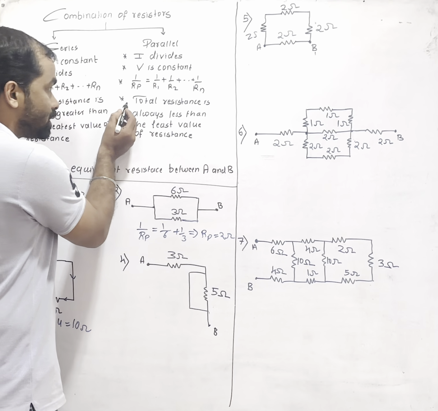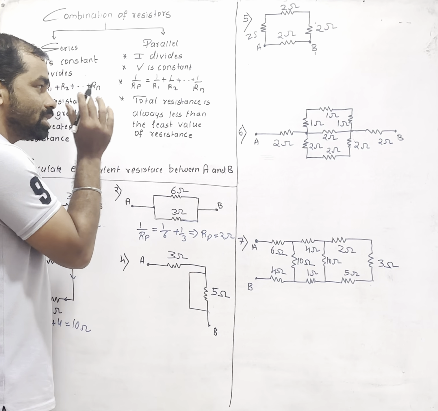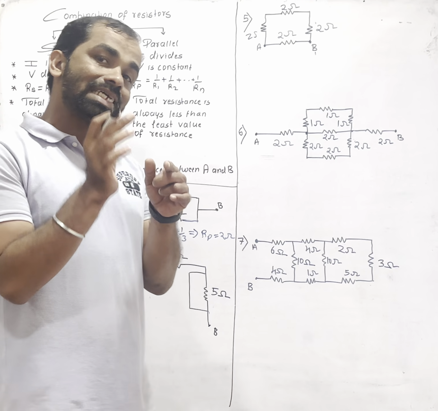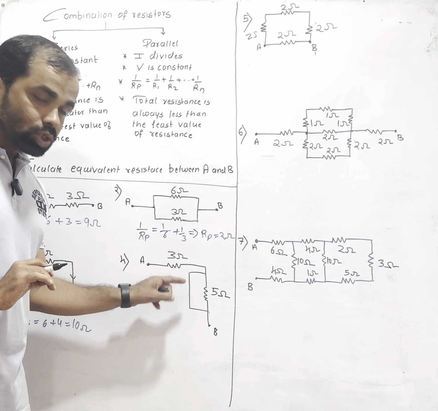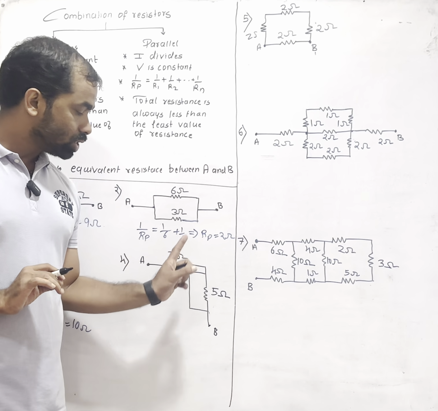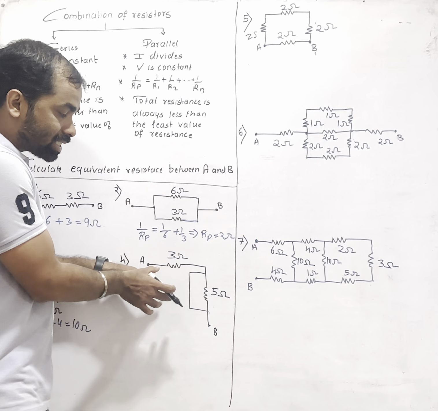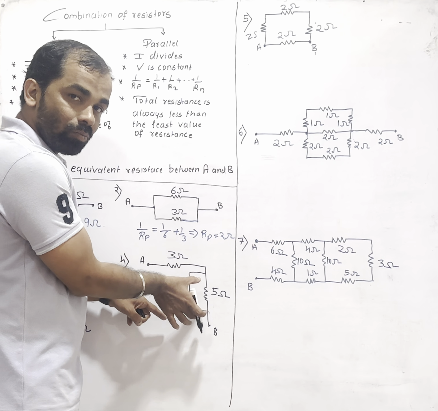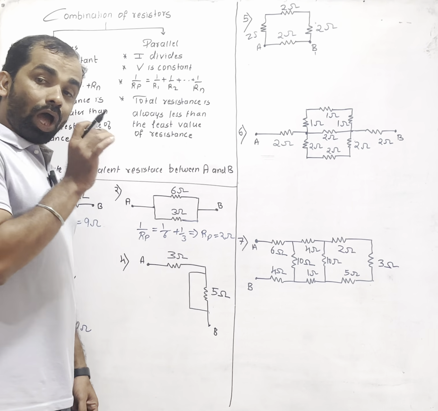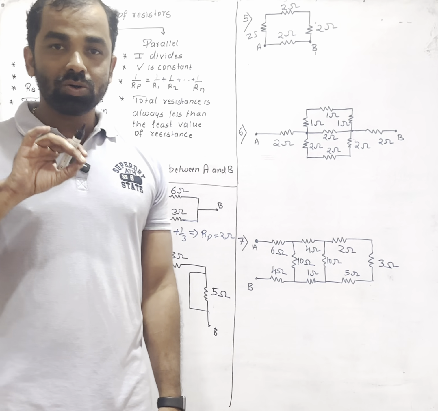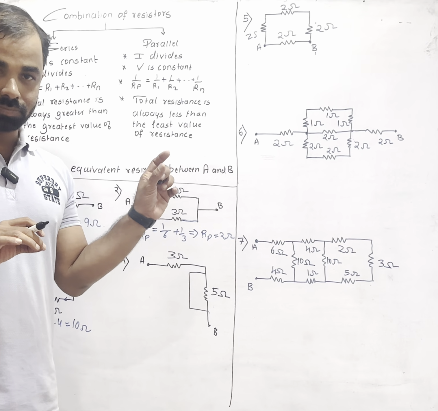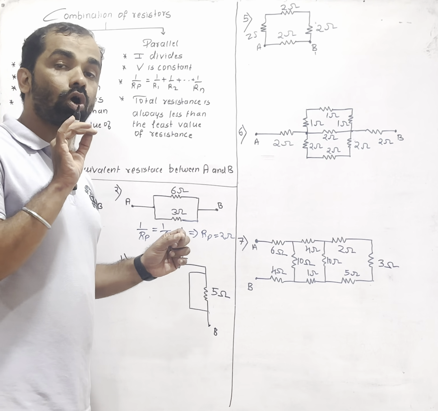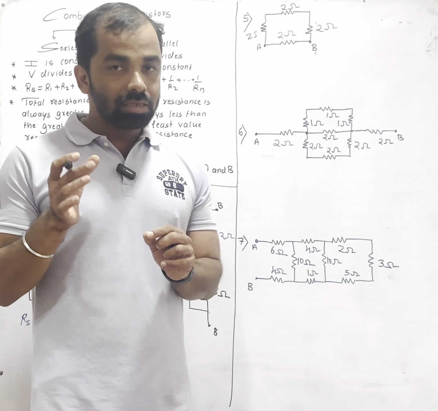See, understand this point. Total resistance in parallel is always less than the least value, right? Now here, this wire is showing zero resistance. The resistance of this wire is zero, and it is connected across the 5 ohm in parallel. Okay, so now the net resistance will be less than zero, meaning this combination is giving you zero resistance. Such a method is called short circuit, short circuiting the resistance.